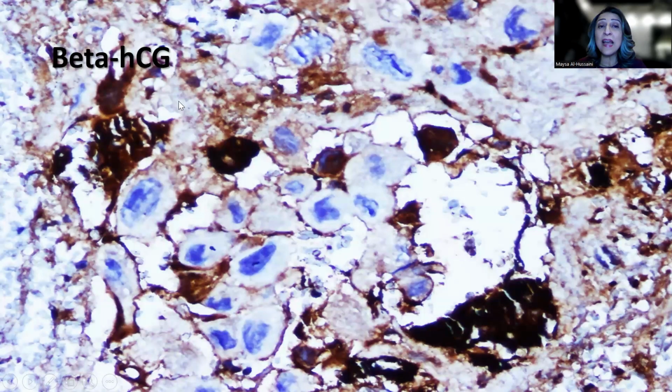And this is the beta HCG. The issue with the beta HCG is that because it diffuses into the serum, sometimes it is difficult to read. And as you can see here, you would say probably most of the tumor cells are negative.